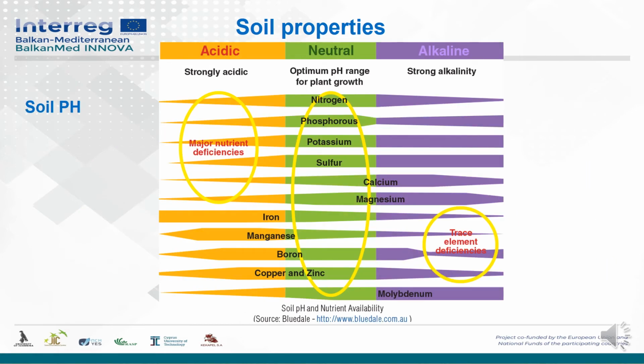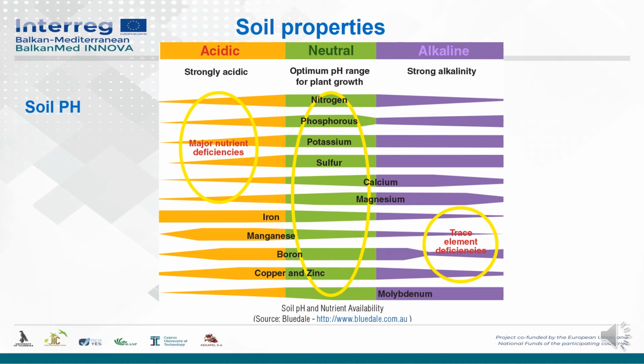In this slide, you have an image that is explaining what I was saying before. As you see, it explains how the nutrients and metals change their behavior depending on the soil reaction.